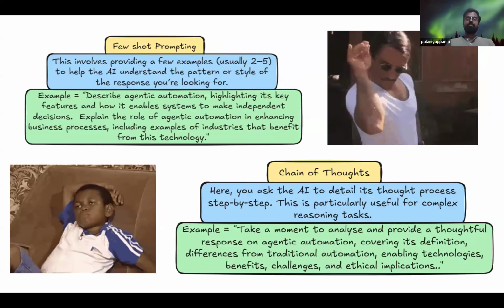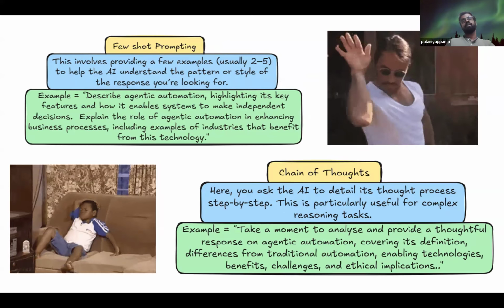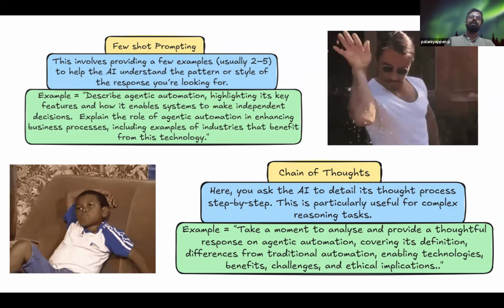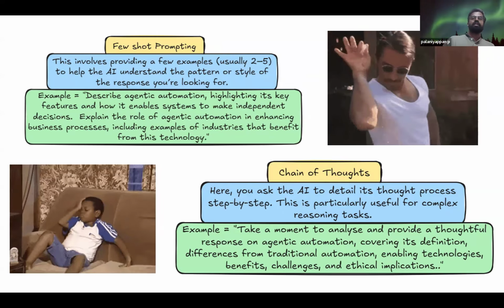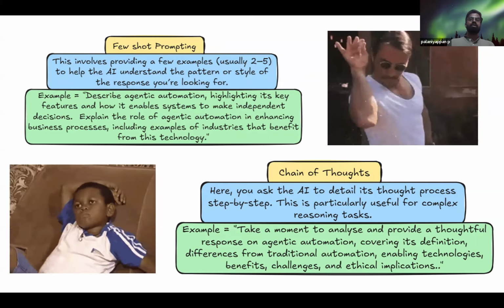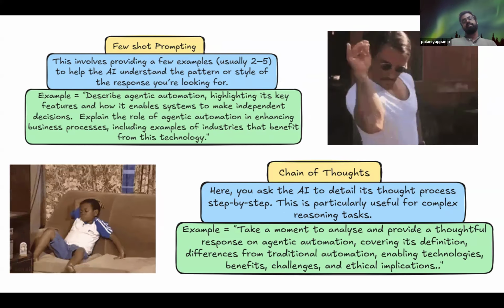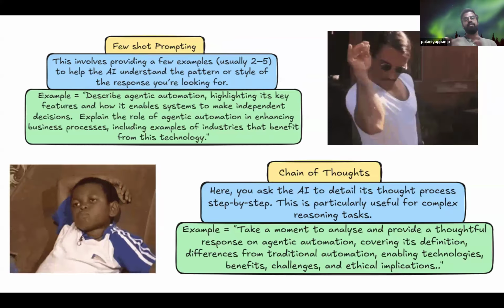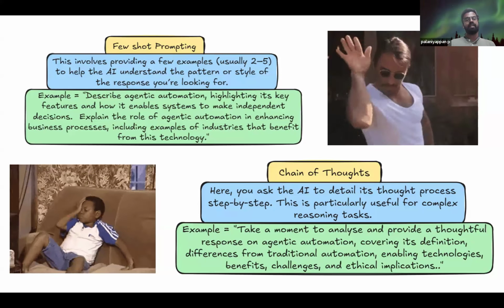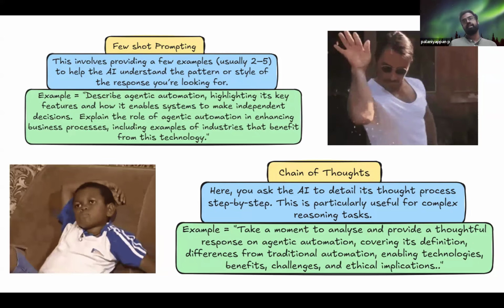Let's go for the next type, few-shot prompting. In the previous type, you were giving only one additional layer of information. But if you add further information, like two or three layers along with the prompt, then it is so-called few-shot prompting. Let's see an example here. Describe agentic automation, highlight its key features and how it enables systems to make independent decisions, and explain the role of agentic automation in enhancing business processes, including examples of industries that benefit from this technology.